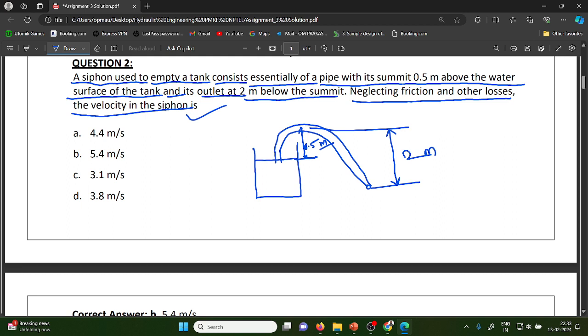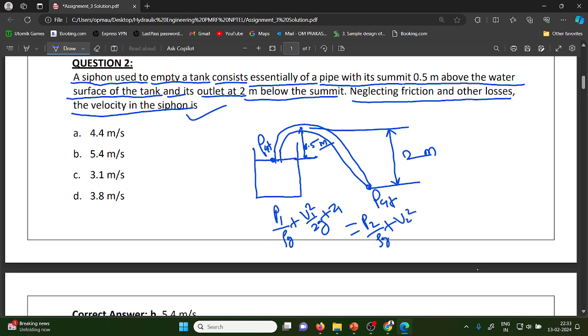Here is the atmospheric pressure. If I write P atmospheric, at this point and this point we will apply the Bernoulli's equation: P1 by rho g plus V1 square by 2g plus Z1 is equal to P2 by rho g plus V2 square by 2g plus Z2.